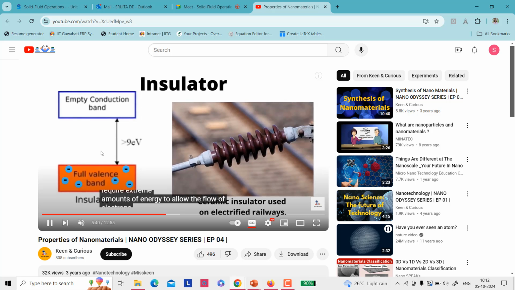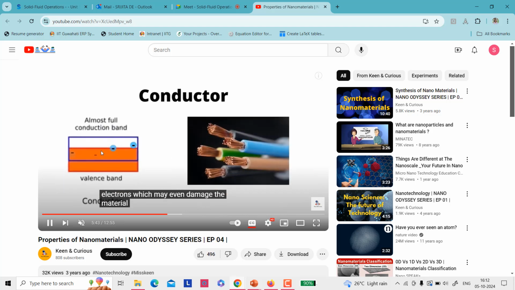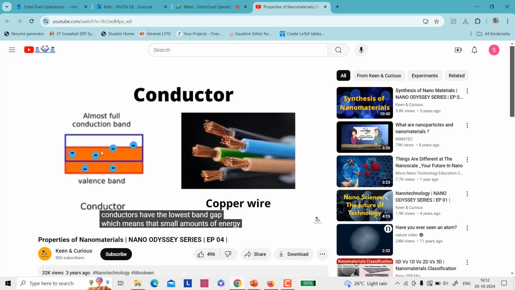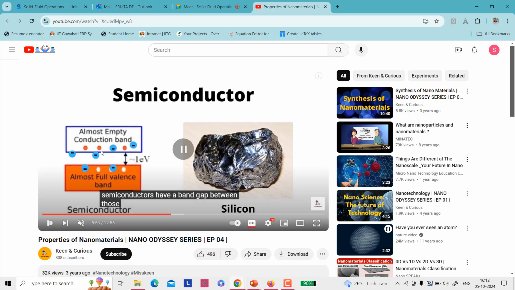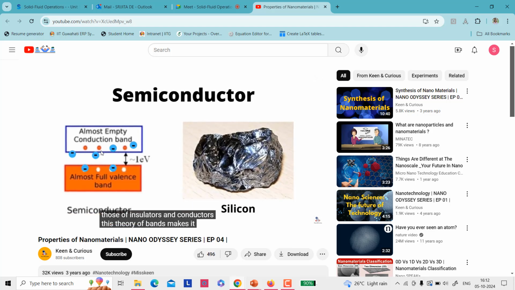This theory of bands makes it very easy to study the properties of bulk materials that have an extremely large number of structural units, since their energy levels merge conveniently to form bands. But when we talk about nanomaterials, since there aren't enough structural units to properly merge into bands, the properties differ vastly from bulk materials.